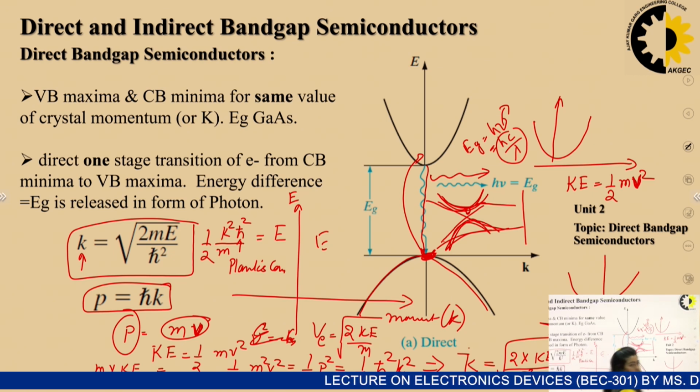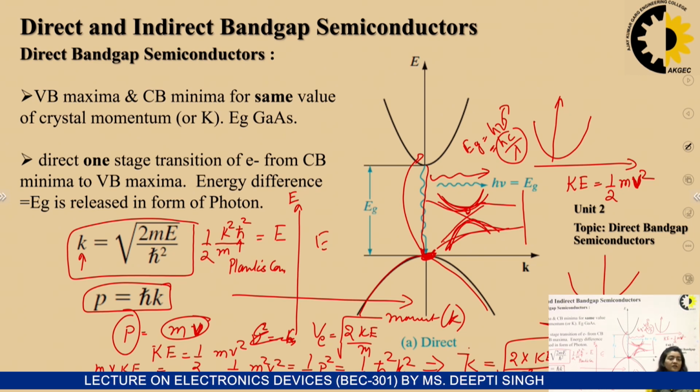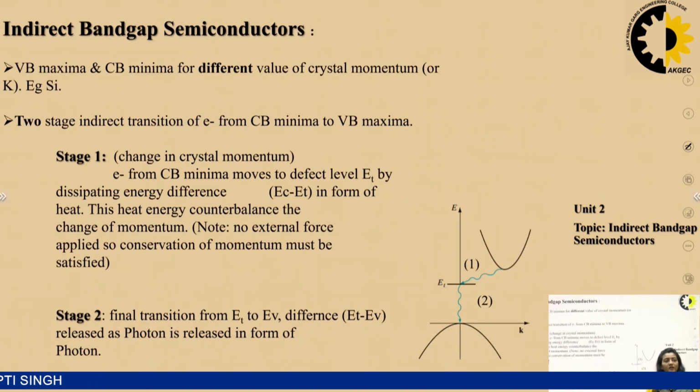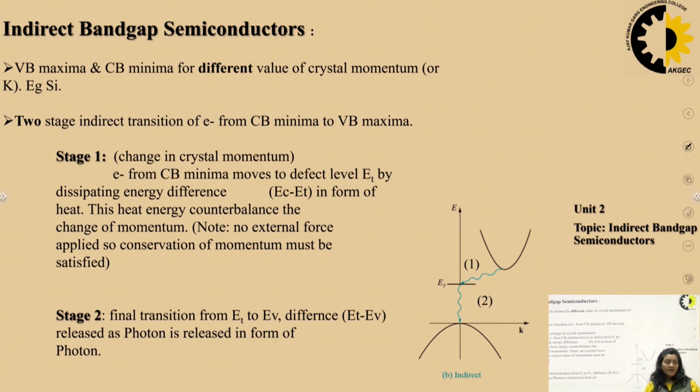This is the momentum of photons, or the electrons' energy, which comes out when the electrons lose energy and move from the conduction band to the valence band.